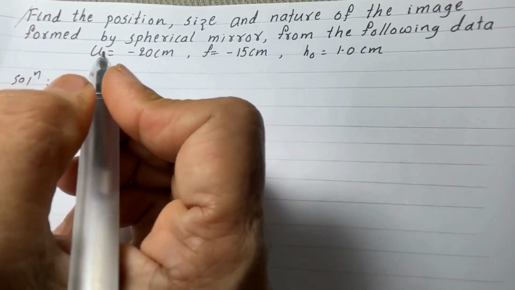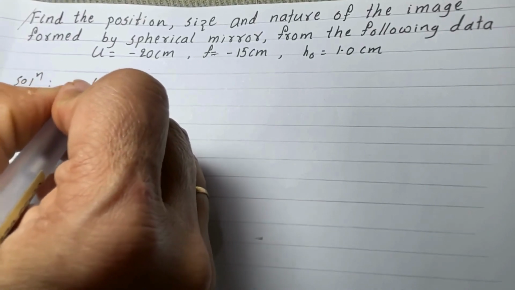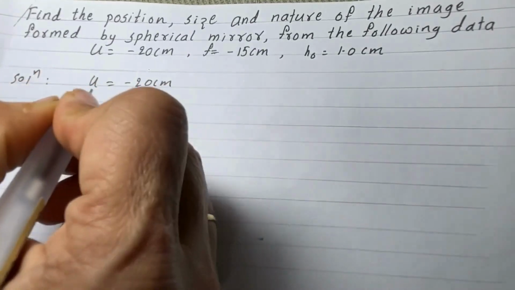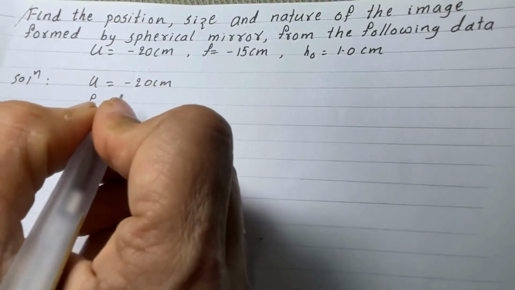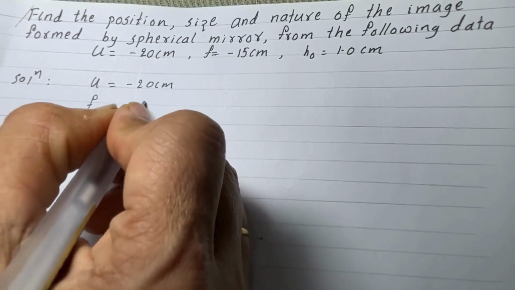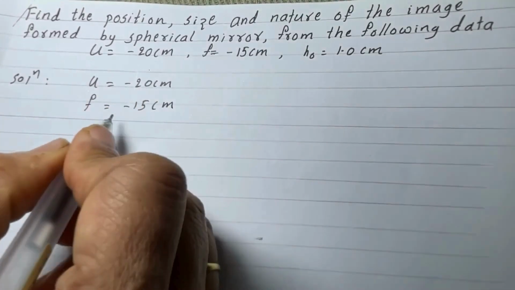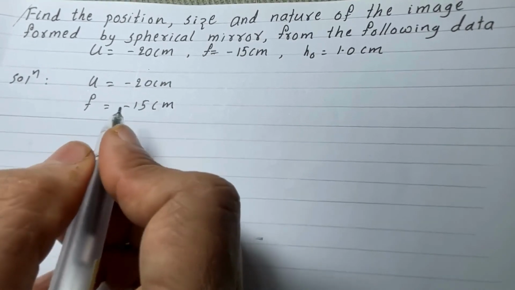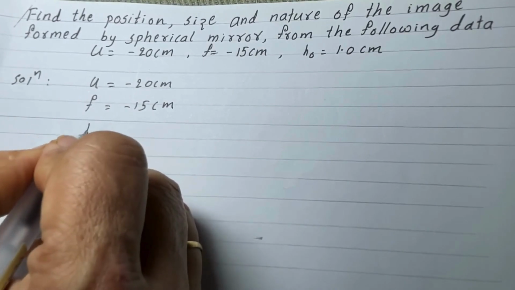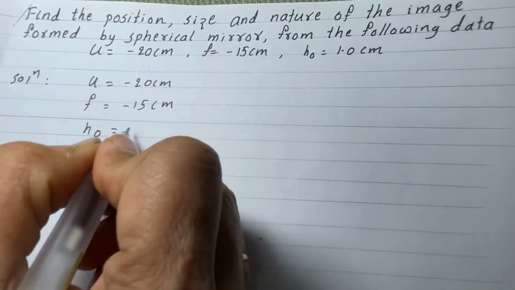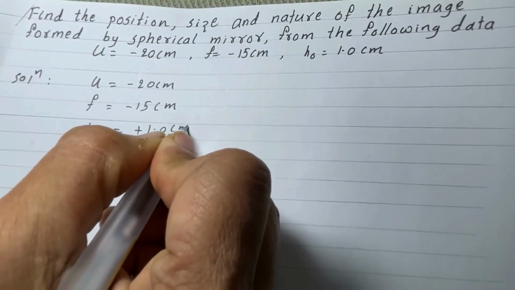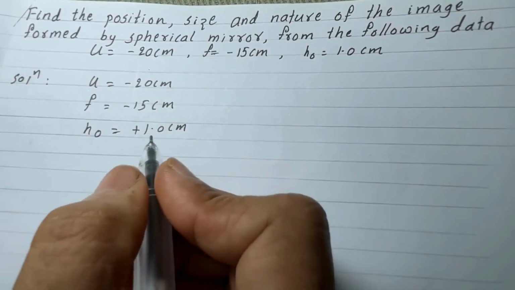Let us solve this. u is minus 20 centimeters, the object distance, and the focal length is minus 15 centimeters. Focal length is minus 15, that means it is a concave mirror, and the height of the object is plus 1 centimeter, that means the object is kept above the principal axis.